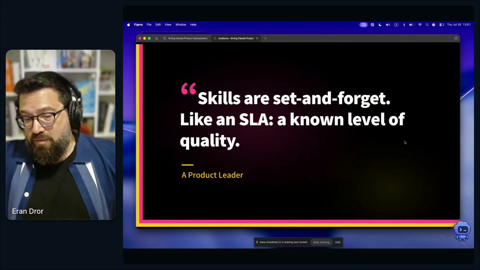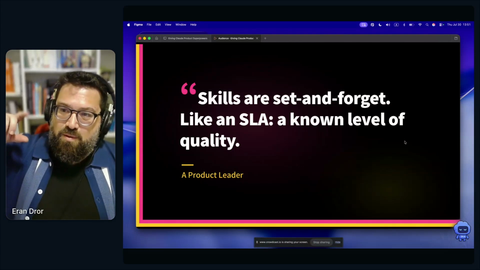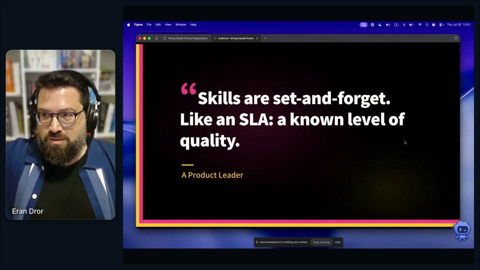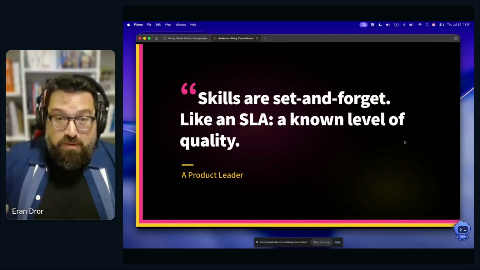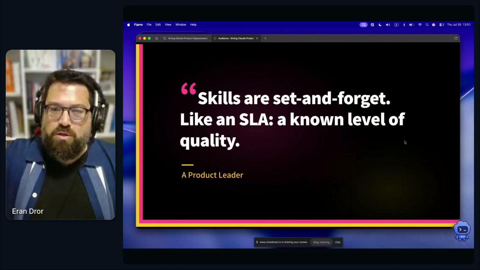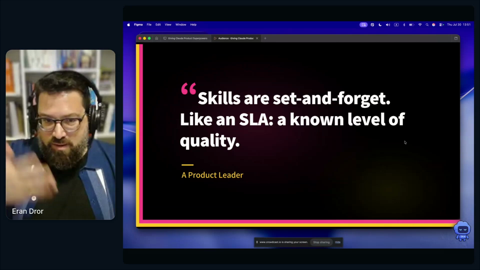And I would say another level here is you take the prompt that the best person in the team wrote, meaning the best person at writing prompts or the best person for that particular skill. You can have your researcher write a really great customer interview skill, right? How to write an interview skill.